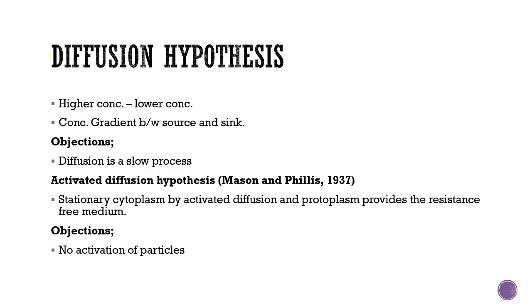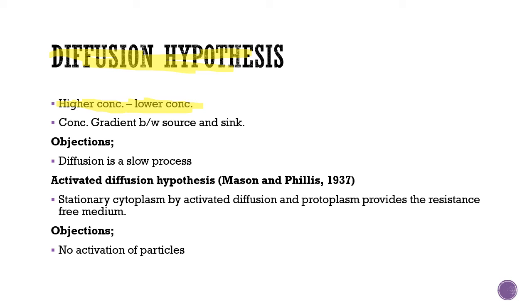The second hypothesis is a diffusion hypothesis. This is a very simple hypothesis which is based on the principles of diffusion, where the solute particle will move from a higher concentrated area to a region of lower concentration. So there will be a concentration gradient existing between source and sink, and the diffusion process will take place, which will ensure that the solutes have been translocated from leaves to roots.